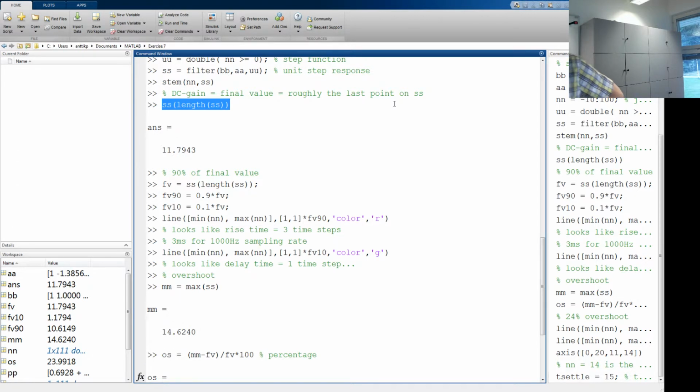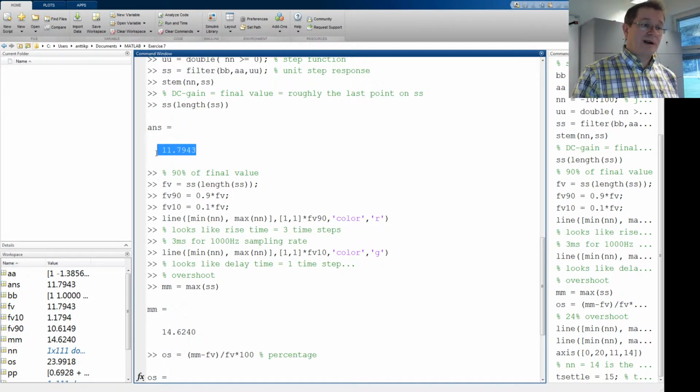What is enough? Well, this is not science, this is engineering. Okay, and then you can actually eyeball that value. Eyeballing this value does not affect that much the value of the 90% rise time.